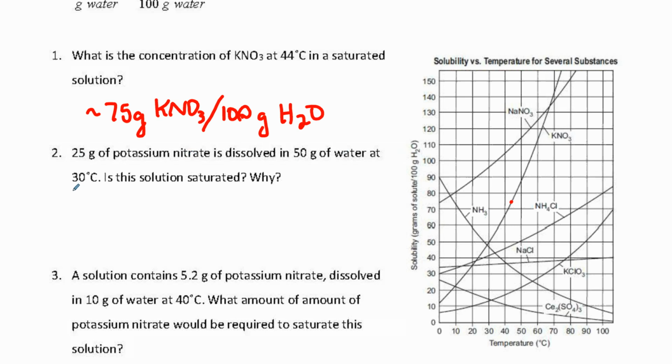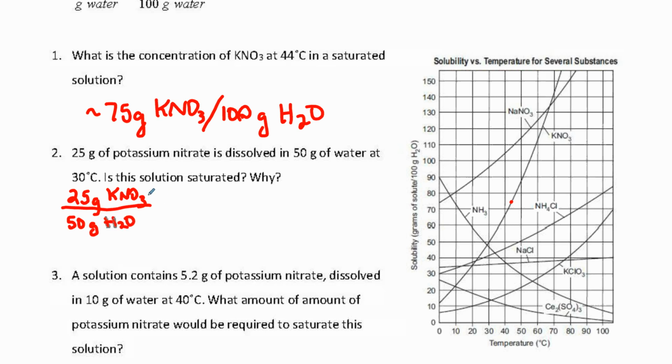water. So before we even worry about the temperature or anything, let's make sure we can actually read this off the graph. So we've got 25 grams of potassium nitrate, and we've got 50 grams of water.